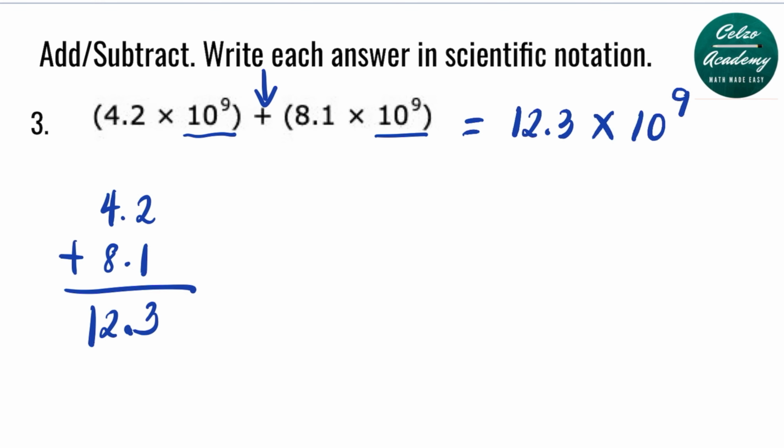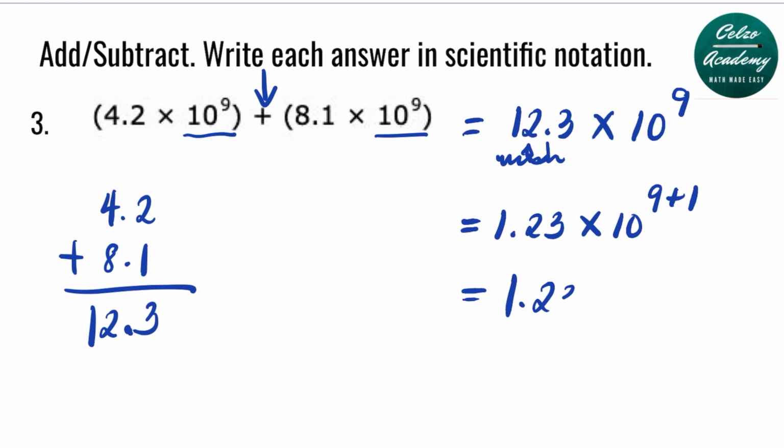And for question number 3, we need to simplify further because in scientific notation, we are not allowed to have more than 10. So instead of 12.3, we will make it 1.23. What do you think will happen to the power? Since we moved the decimal point 1 place, that means the exponent will be increased by 1. So the answer is 1.23 times 10 to the power of 10.